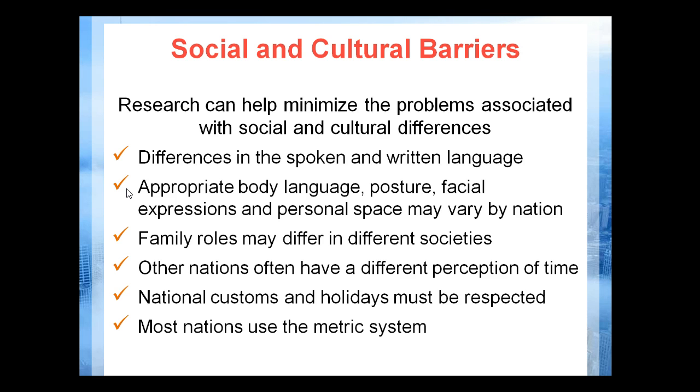Social and cultural barriers. This could very well be religion. It could be language. It could be just customs that you might have to respect. In the case of Israel, they have a kosher environment, which, if you want to be a restaurant owner and you want to have a kosher license, you have to be aware of those rules, that you can't have certain meats and dairy products prepared together.